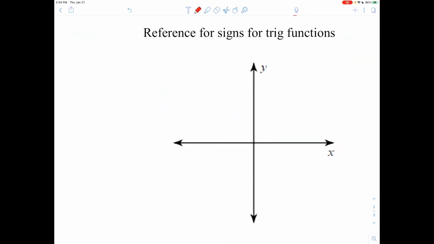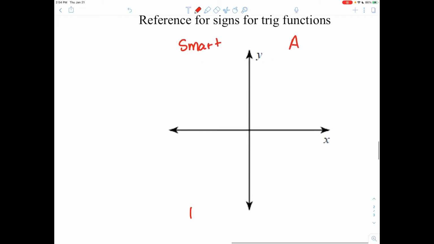Okay, so something that I'd like you to remember. This is just a little saying to help you remember what your trig function values will be depending on what quadrant you're in. So I'd like you to remember this: A Smart Trig Class.